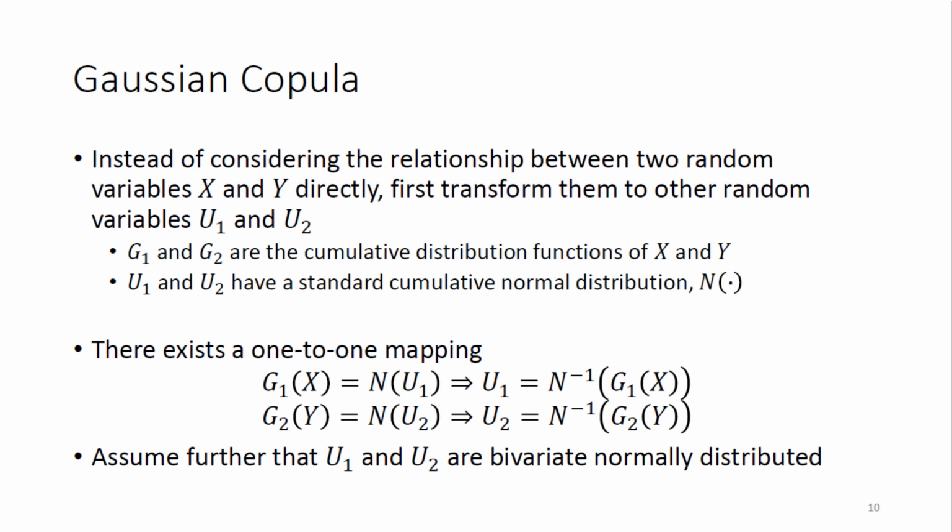Instead of modeling the co-movement relationship between x and y directly, what I'm going to do is first transform these x and y variables to variables u1 and u2, and then I will model the co-movement between u1 and u2.